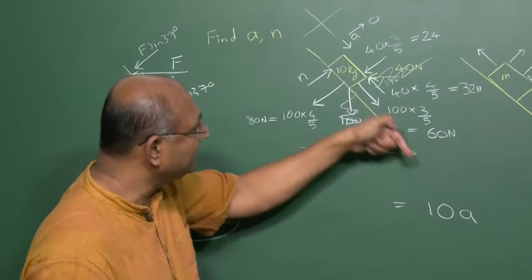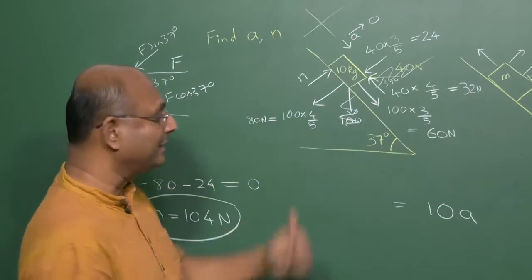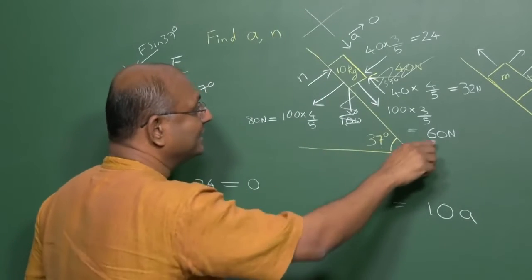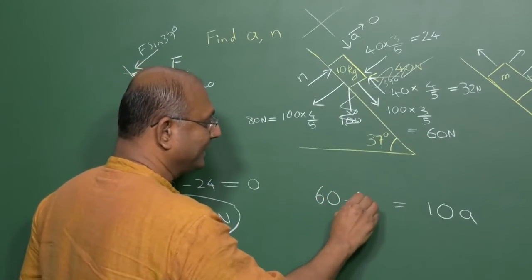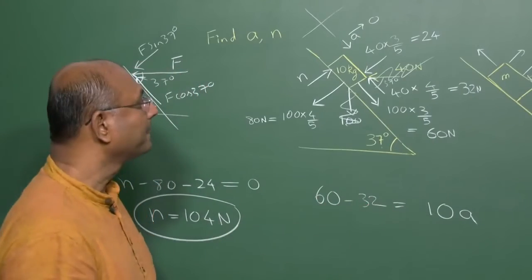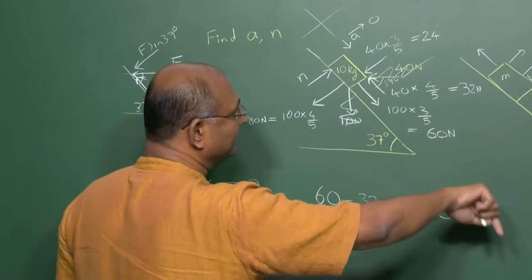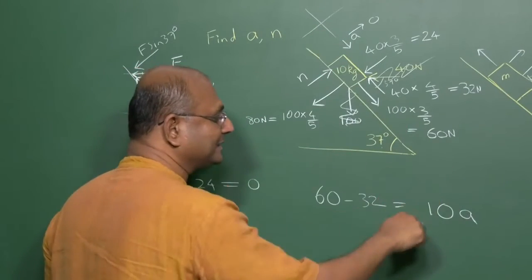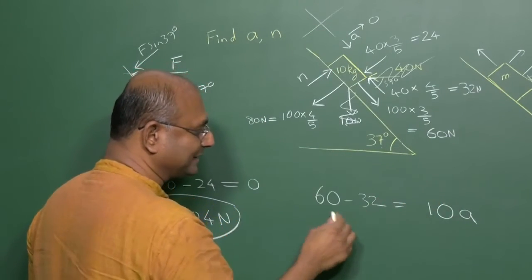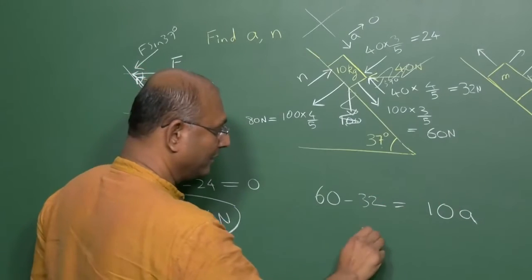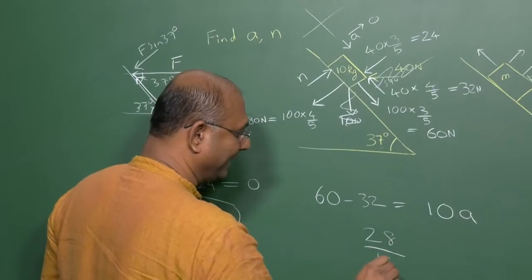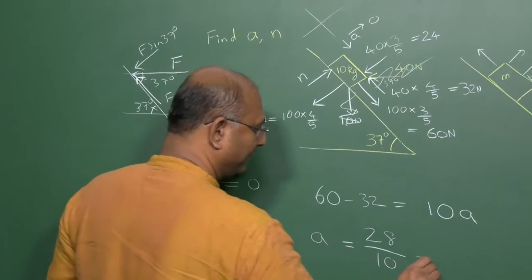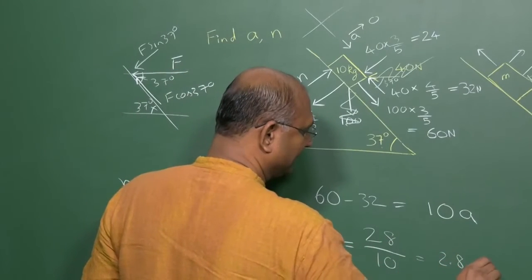Right? 60 like this, 32 like that. 10a is downwards. So 60 minus 32. Is that okay? 60 this way, 32 that way. 60 minus 32 is the net force in this direction. It must be mass into acceleration. How much is this? 28. So 28 by 10 must be a, which is 2.8 meters per second square.